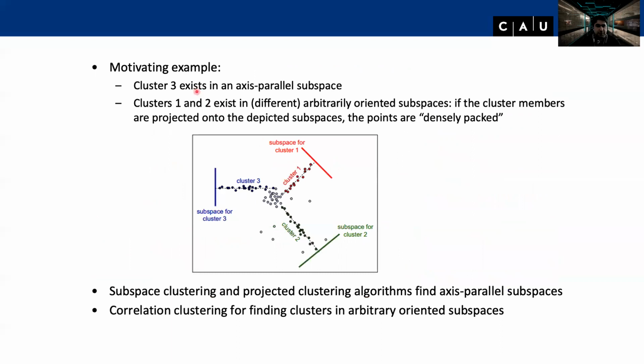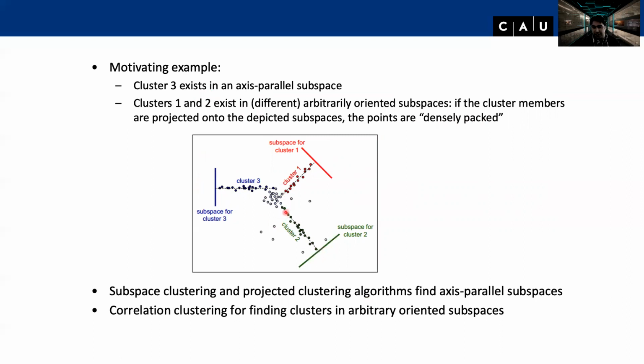And here again, so that you have this picture always in mind, cluster 3 exists in an axis-parallel subspace, but clusters 1 and 2 exist in arbitrarily oriented subspaces. If the cluster members are projected into the depicted subspace that we see here, the red one, the green one, and the blue one, the points are densely packed.